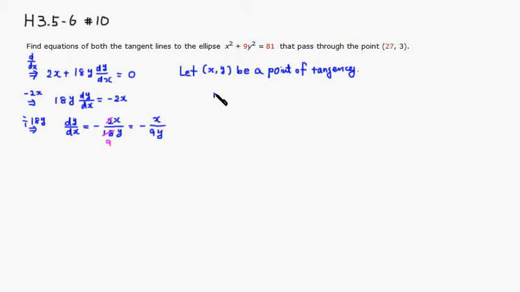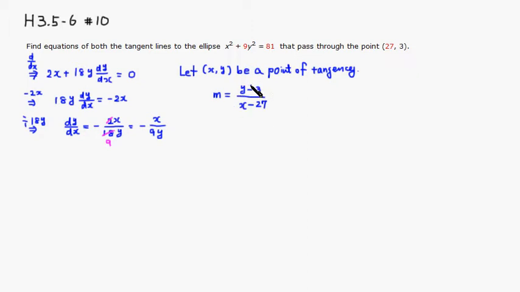So the slope can be expressed this way: m equals the difference in y values, y2 minus y1, so it's y minus 3, divided by x minus 27.